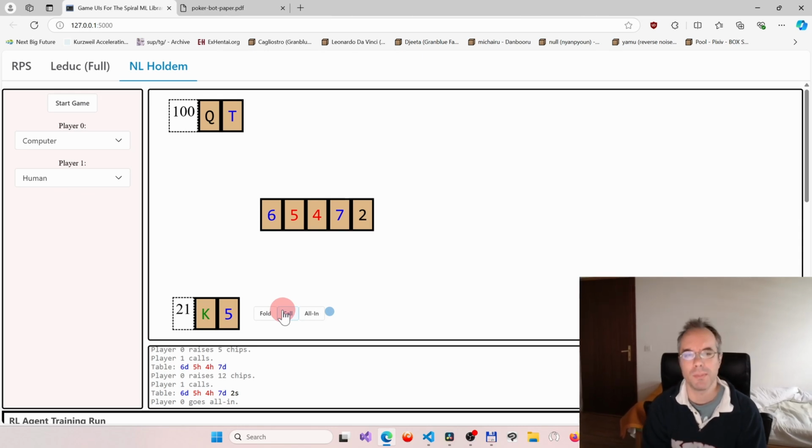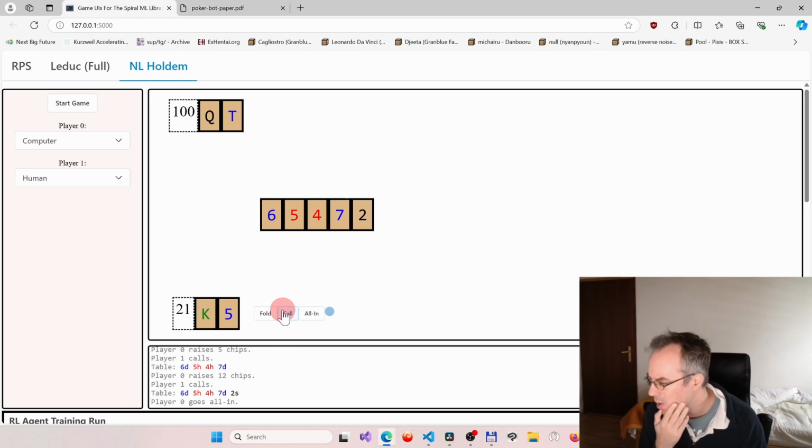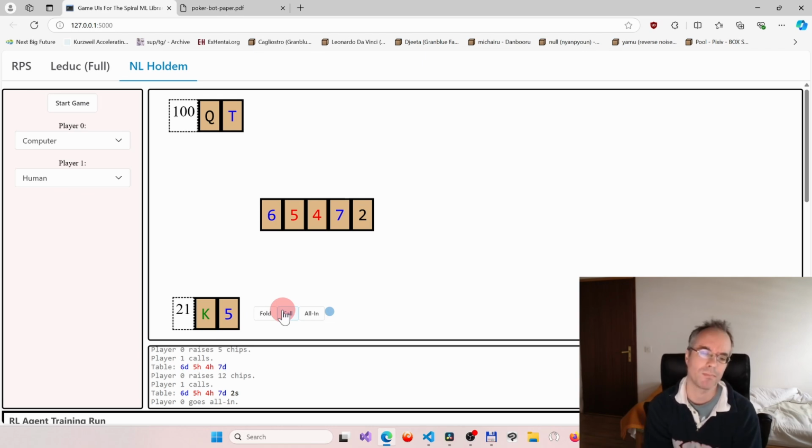We could also maybe leave the counterfactual regret algorithm aside. Only train the agent using evolution. That could also be an interesting test, just to see whether we get some kind of decent performance.